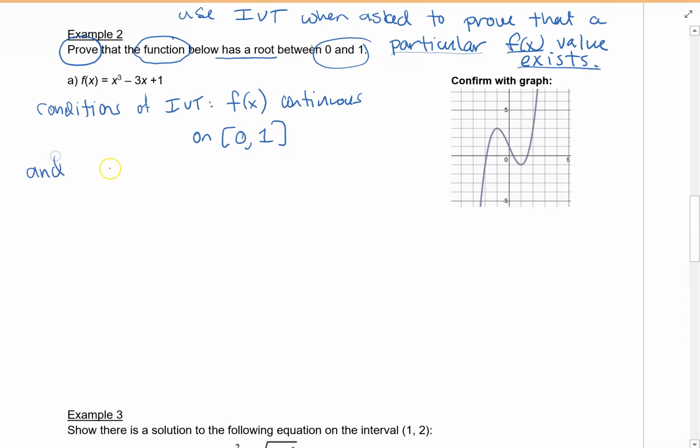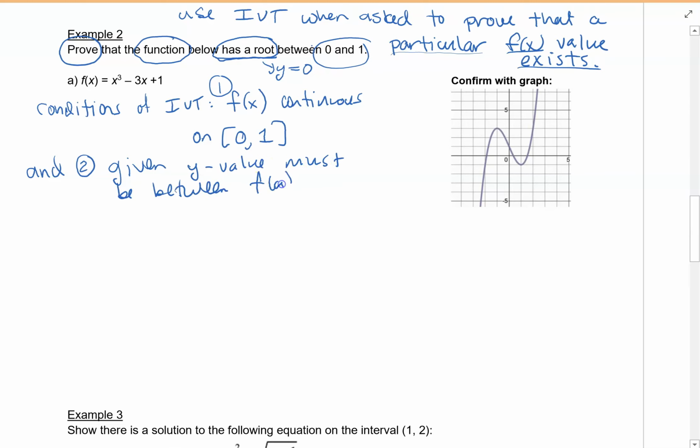And the given y value, which they didn't give, but they said has a root. Has a root means that the y value equals 0. So the given y value of 0 must be between f of a and f of b.